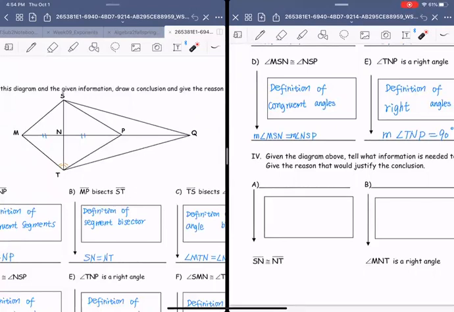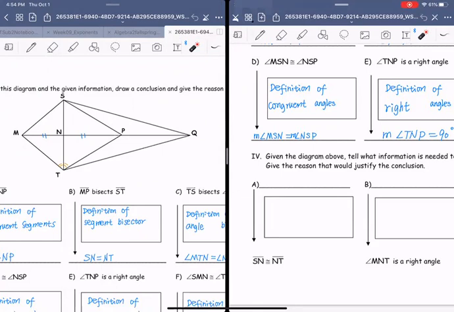If you want to give the conclusion of SN congruent to NT, what kind of condition do you want to have which makes these two congruent? You learned something about the segment bisector, right?